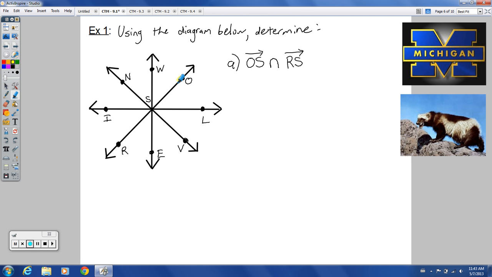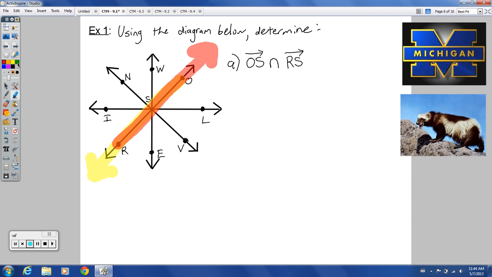So I've got ray. I'll make that a little bit bigger. Ray OS would be starting here and going in this direction that way. So it would continue on forever that way. Ray RS, I'll do that in red here. Ray RS would be this one going forever in this direction.